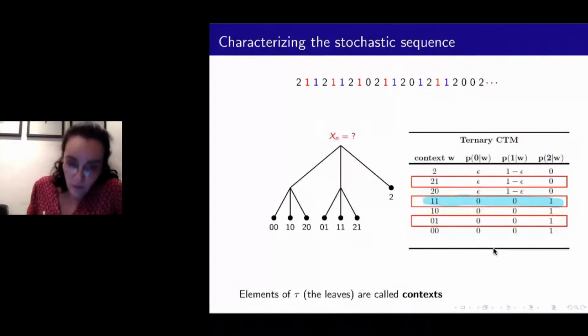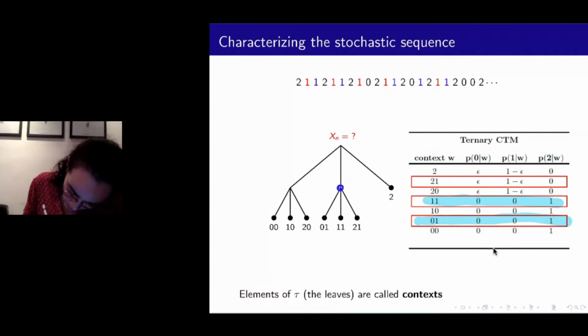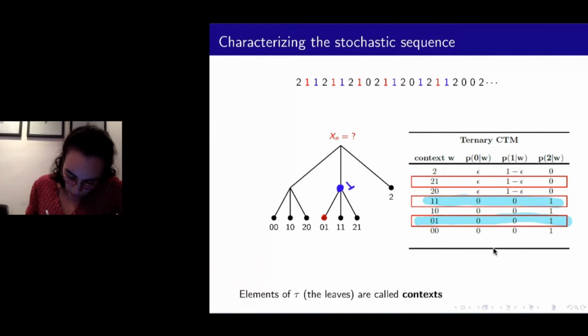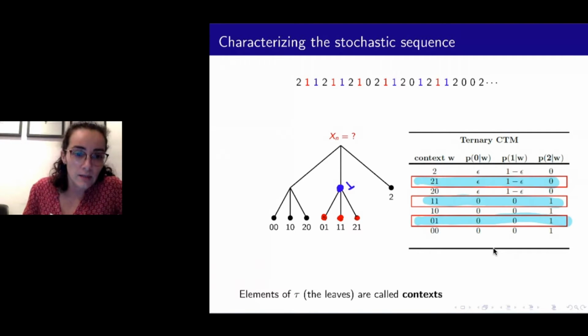If you have a 1 which comes after a 0, you will have a 2 with probability 1. Okay, this is the point. So in the end of the day, we have split this 1 into 2 different situations: the ones which come after 2 and the ones which come after either a 0 or a 1. And for each one of these kinds of 1, we have a different kind of transition probability.